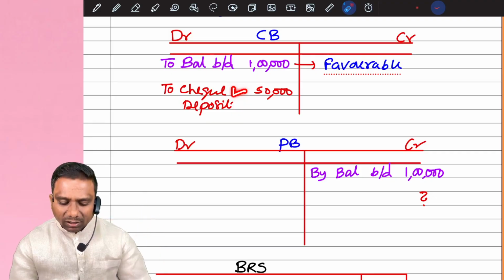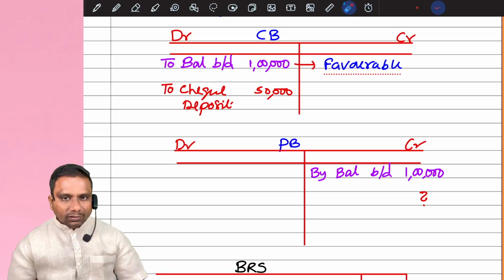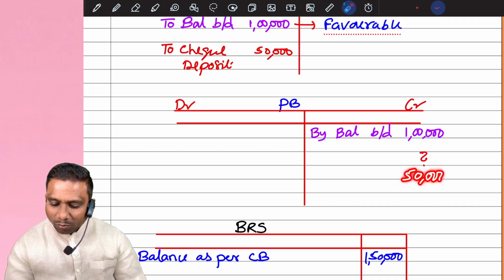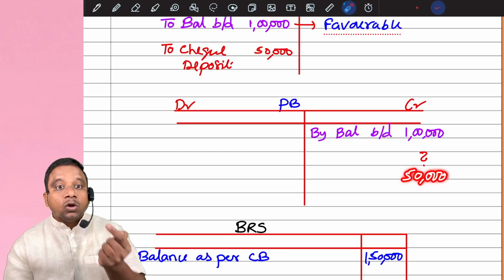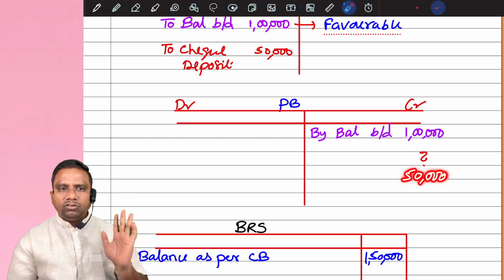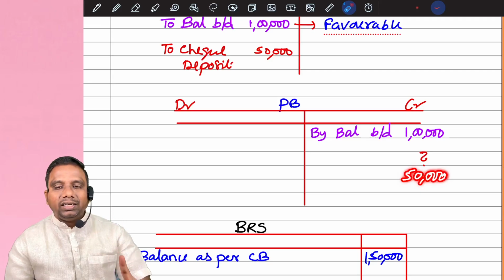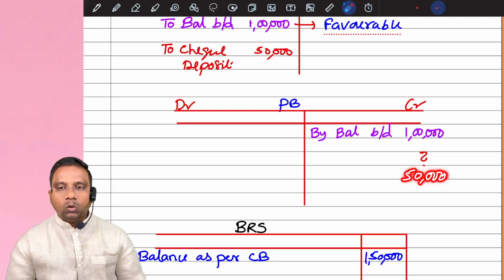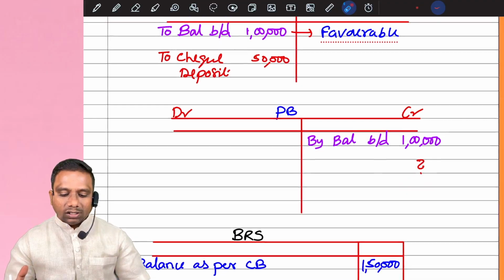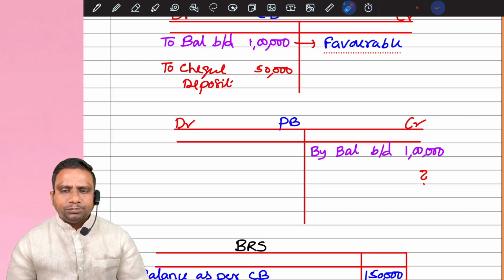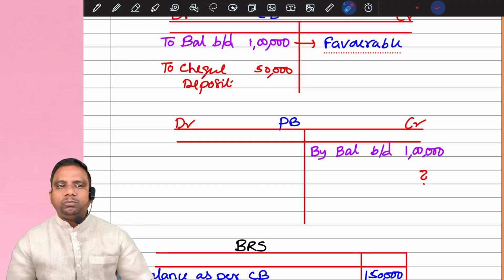The same entry is recorded by the bank on the credit side, only when it has collected the check. But here the bank did not collect the check till the BRS preparation date.